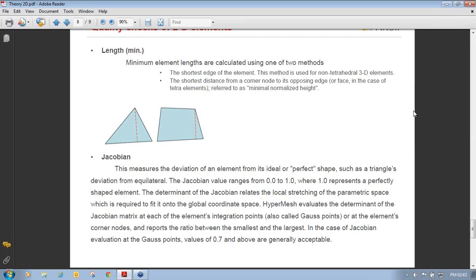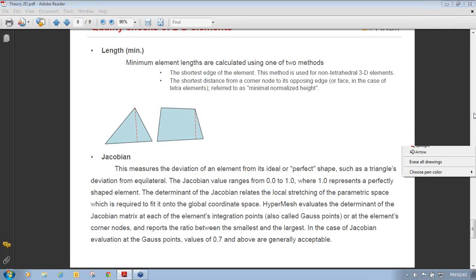HyperMesh evaluates the determinant of the Jacobian matrix at each of the element's integration points, also called Gauss points, or at the element's corner nodes, and reports the ratio between the smallest and the largest. In the case of Jacobian evaluation at a Gauss point, values of 0.7 or above are generally acceptable.